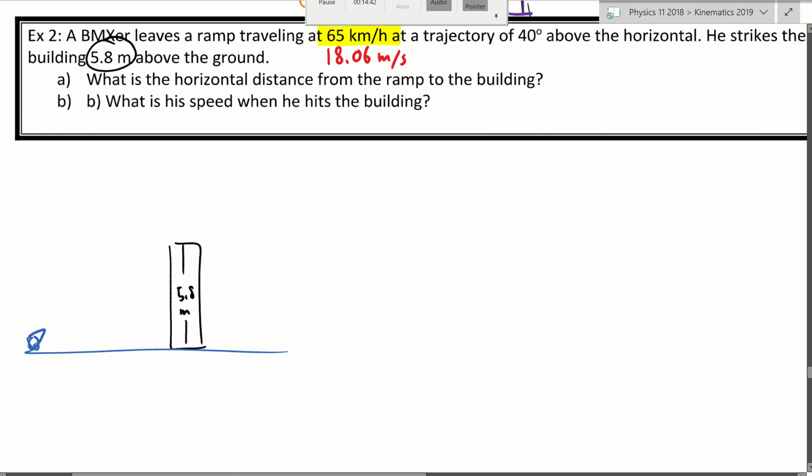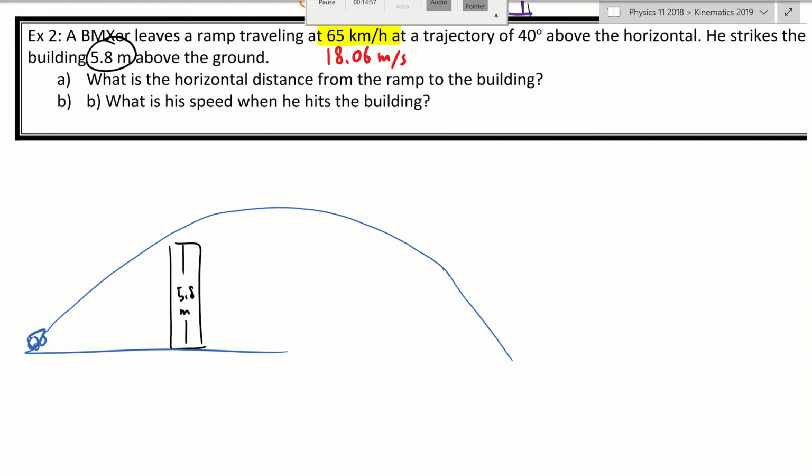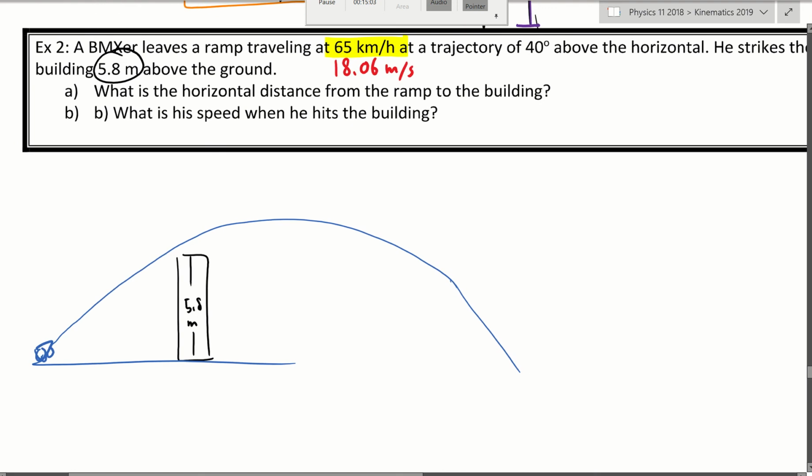This is the car launching at an angle, and it's going to go to that building. But here's the thing: this car would actually hit 5.8 meters twice. It could hit 5.8 meters on its way up, or it could hit 5.8 meters on its way down. And from the current information that they give us, we don't know which one is true.